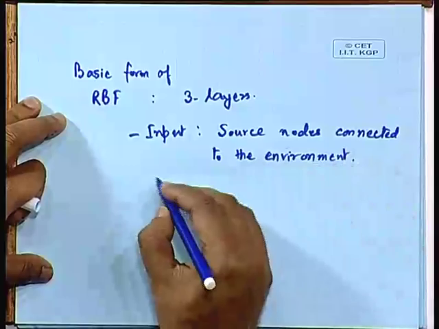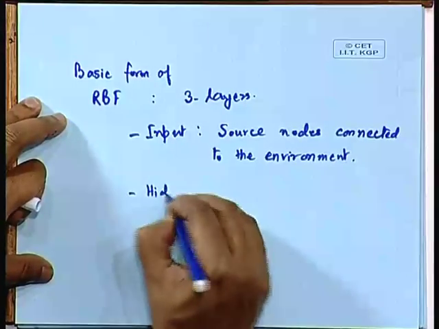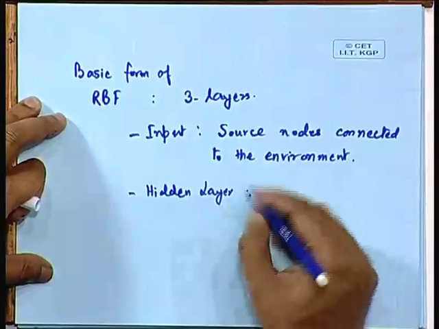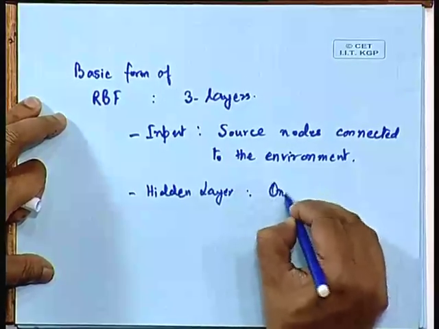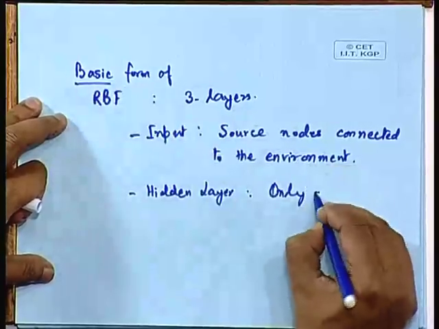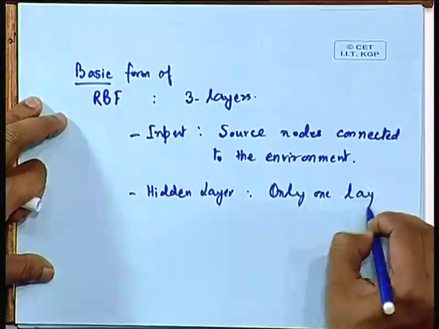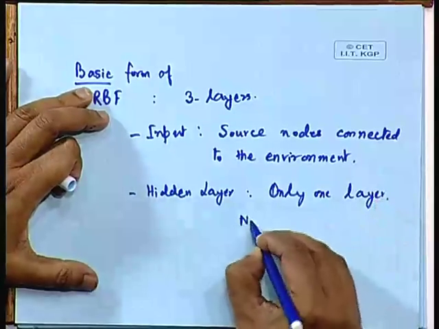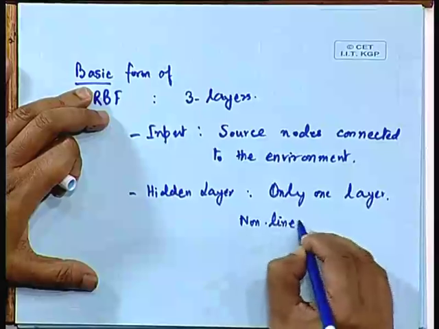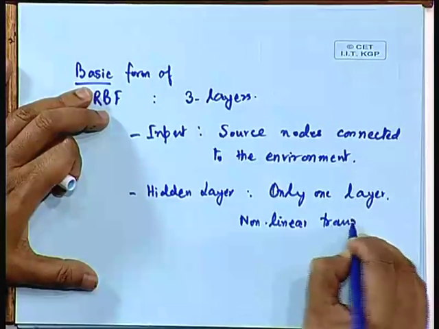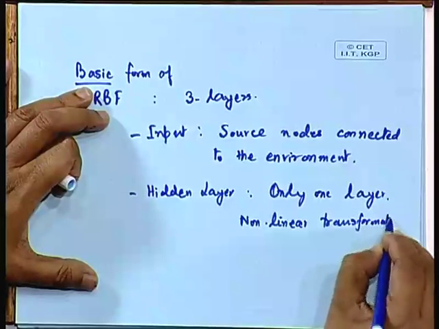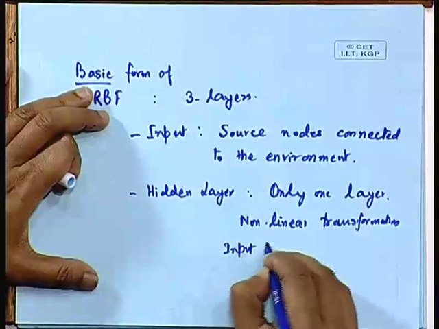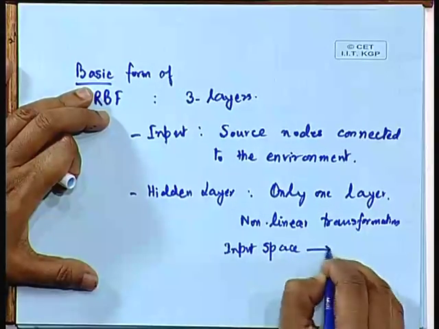Then we have the hidden layer. Since we have 3 layers altogether, we can have only one hidden layer in the basic form. It does a nonlinear transformation, and this is very important, from the input space to the hidden space.